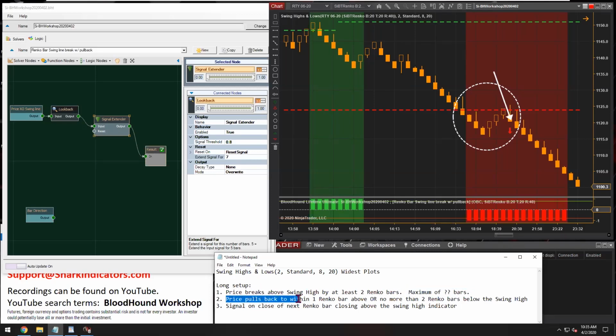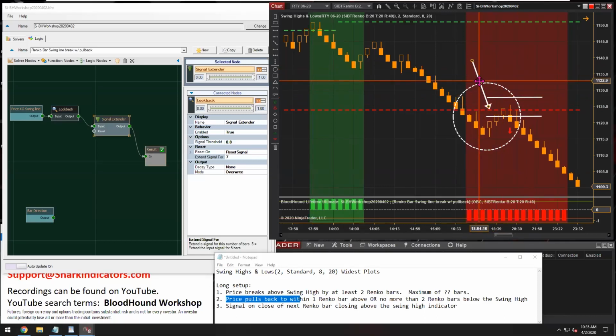All right, now we can work on rule number 2, which is waiting for price to come within this zone here. Let me draw some lines here to estimate where we need to be. Something like that, basically. So price needs to come back to at least this lower white line value.